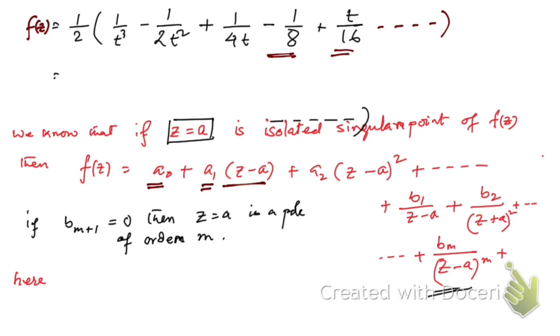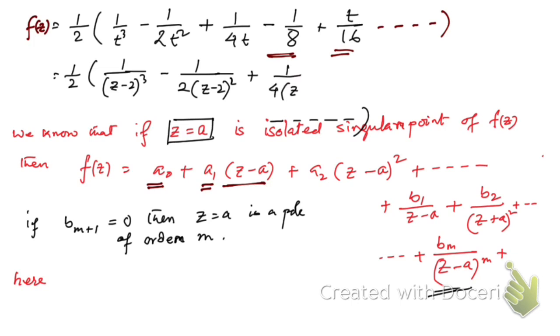Then what we're going to have: 1 by 2 into 1 by t cube means 1 by z minus 2 cube, minus 1 by 2 into z minus 2 square, plus 1 by 4 into z minus 2, plus 1 by 8, and here no z is there, right?